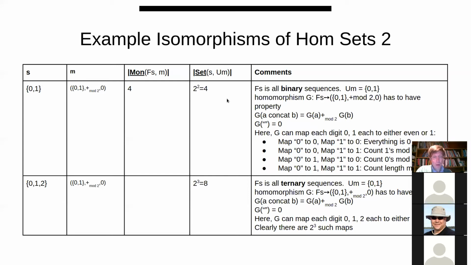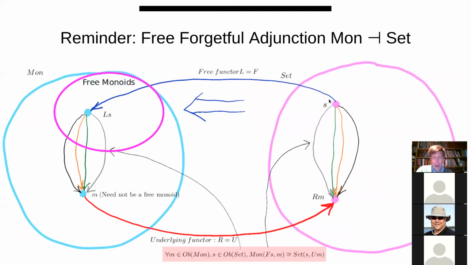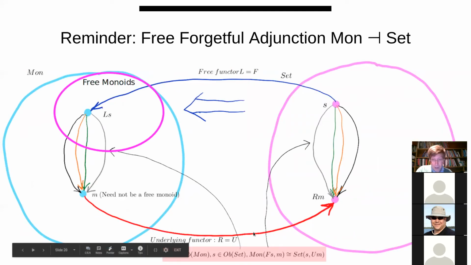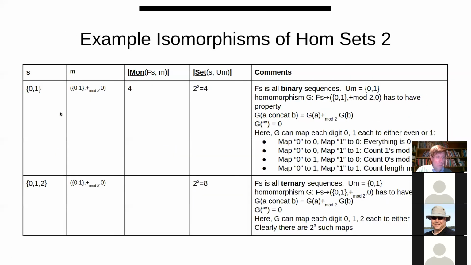Let's reason this through. For set, we're just mapping 0, 1 to 0, 1, because we're mapping S, that's 0, 1, to the set of items from the monoid, which is also 0 and 1. So pretty straightforward. We can map 0 to 0, 0 to 1, 1 to 0, and 1 to 1.